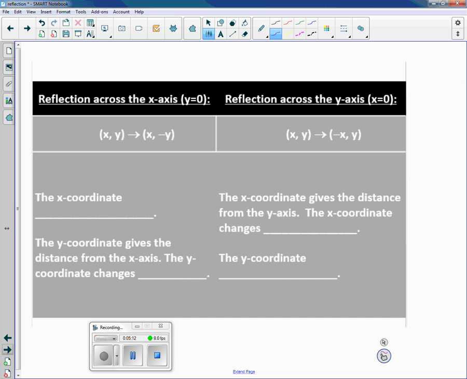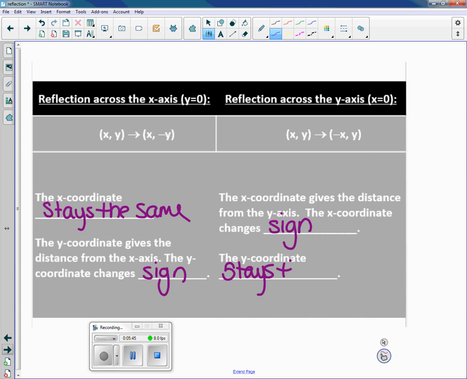So when you reflect over the x, the x stays the same, and then the y coordinate changes sign. And the opposite here, if you reflect over the y, that means the x changes sign. So basically the axis you're reflecting over stays the same. The other coordinate changes sign. So you don't have to graph it every time if you remember this.